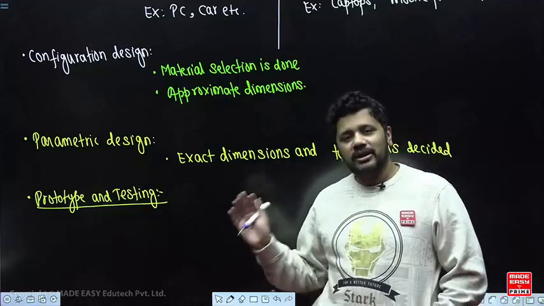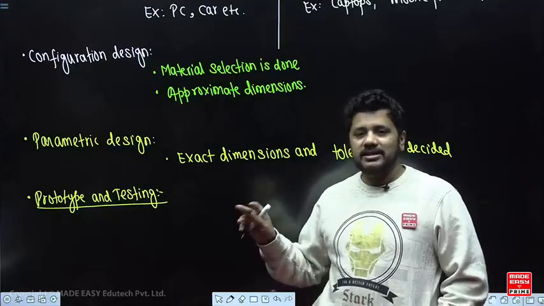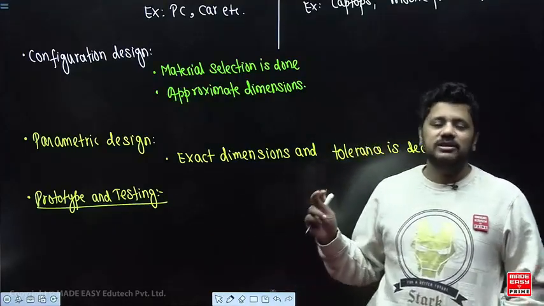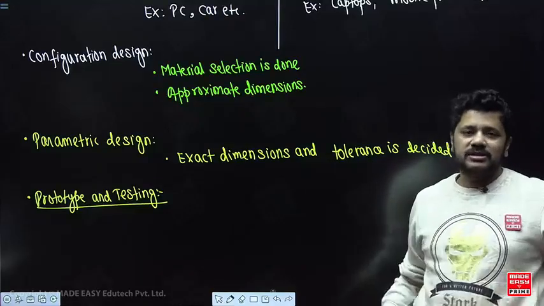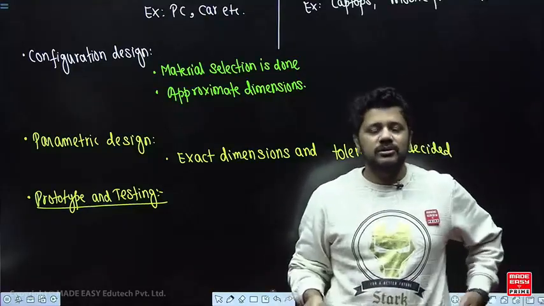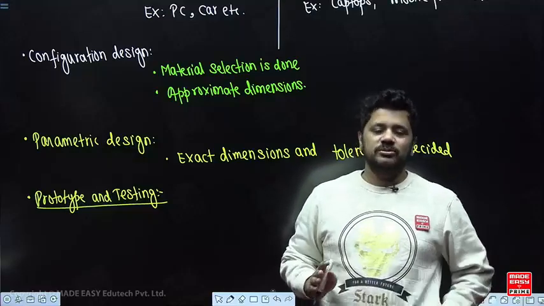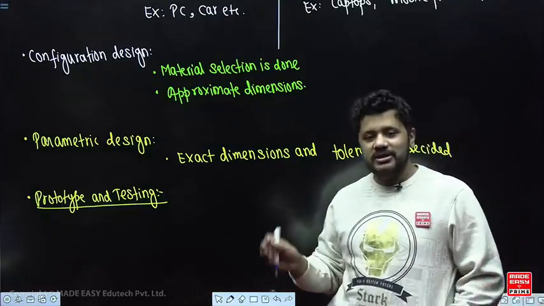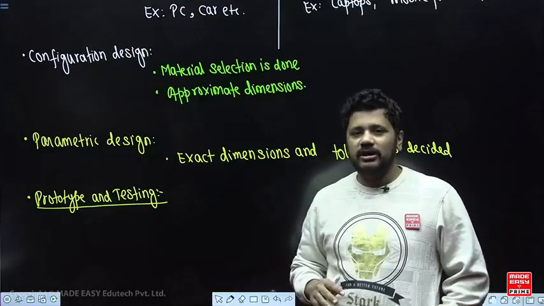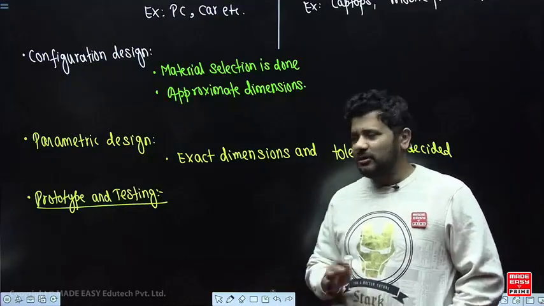Similarly for other vehicles also, suppose X car is to be launched, it will take minimum 2 years to get into the market, because every kind of testing has to be done, how it is going to behave, what kind of engine it is, what is the refinement, what is the shock absorption power, everything will be decided.